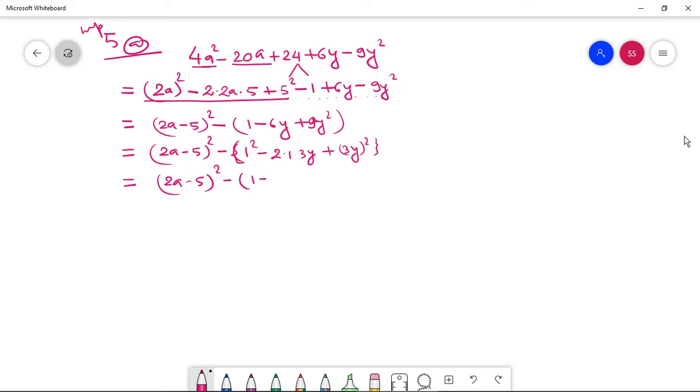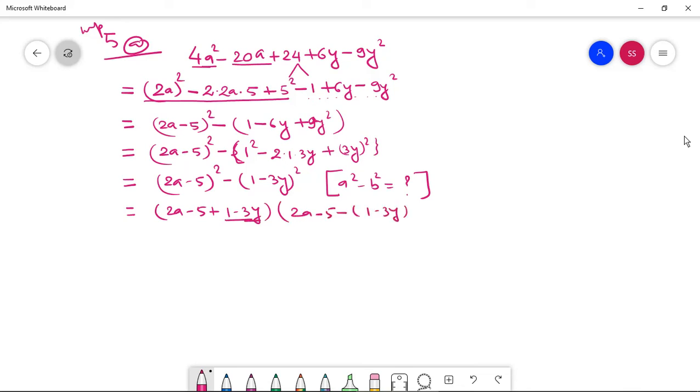The second factor is 2a, then minus 5 plus minus minus 1, and plus 3y. So we get (2a minus 3y minus 4), and the next one is (2a plus 3y minus 5 minus 1), which is minus 6. In this way we find the solution of such a question.